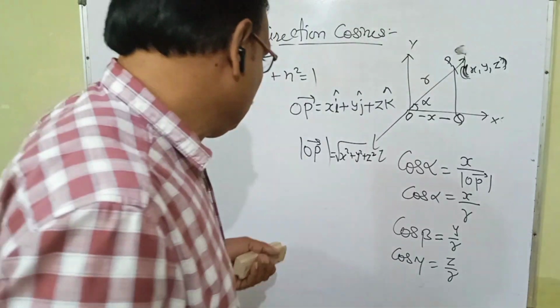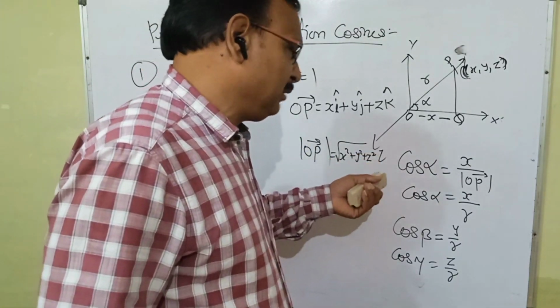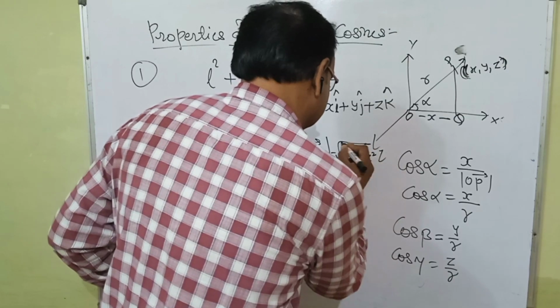Magnitude of OP vector is equal to root of x square plus y square plus z square.